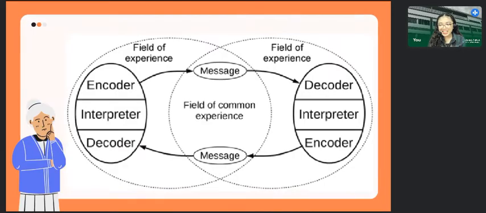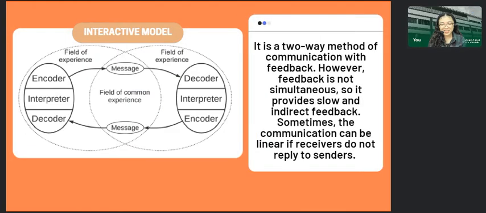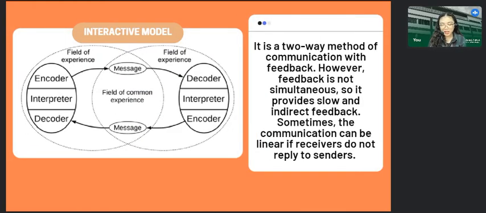Okay, and finally, let's talk about the interactive model. Okay, interactive model of communication, also, it is the same with the transactional model. It is a two-way process method of communication and also with feedback. But the difference between the two is that the feedback in the interactive model comes slower than we think. Okay?